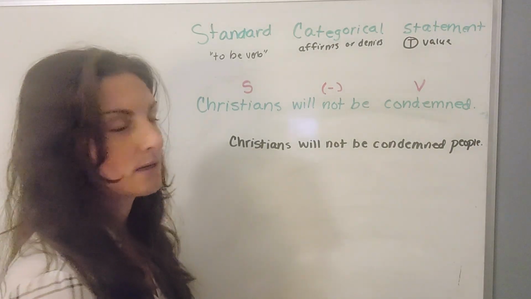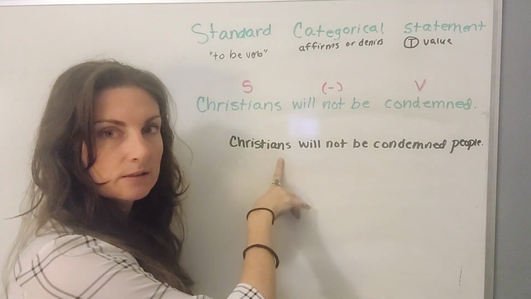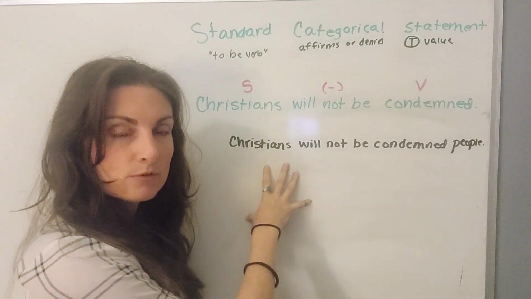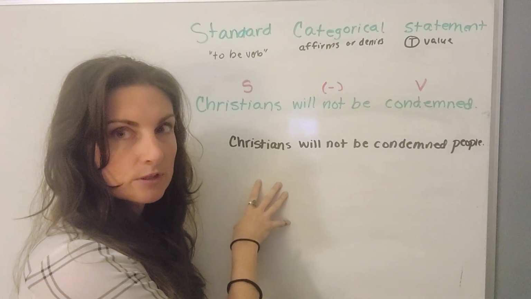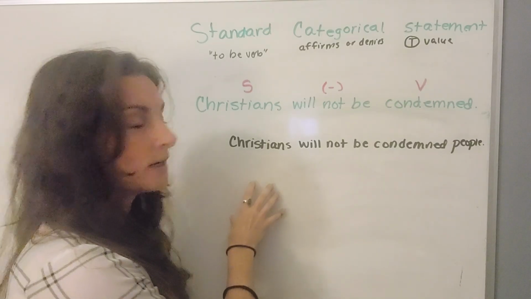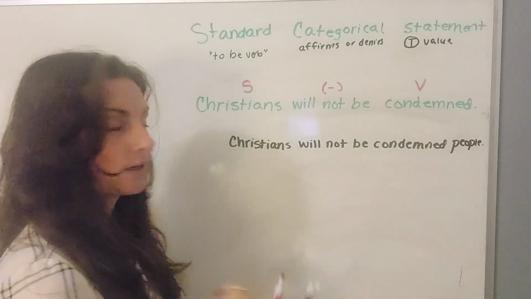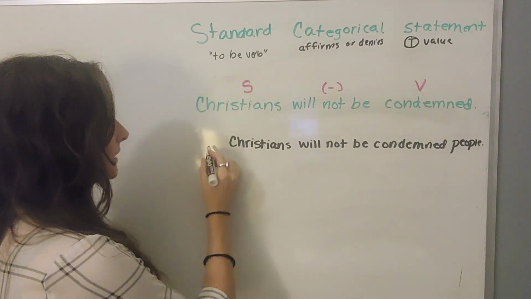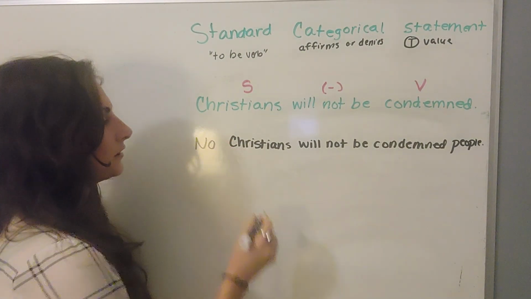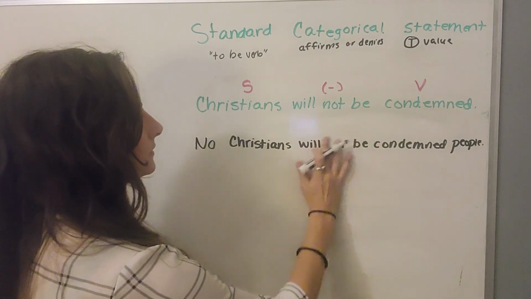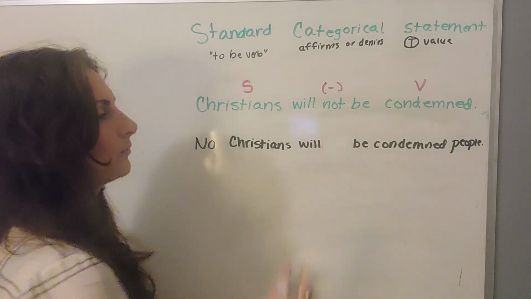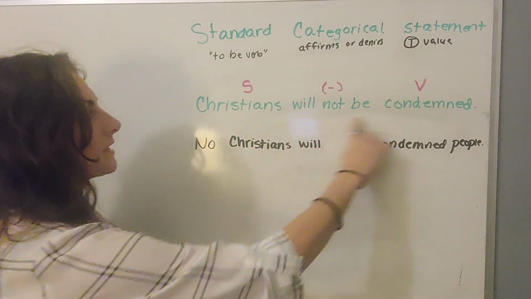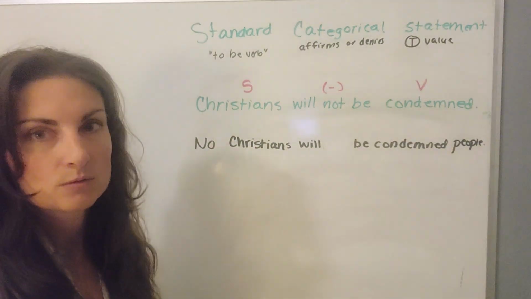We are looking for the quantity. So we're going to look at our subject and we're going to say, are we talking about the entire group of Christians or a part of the group of Christians? And we know that it's talking about all, the entire group there. So I'm going to make no here. No Christians will be condemned people.